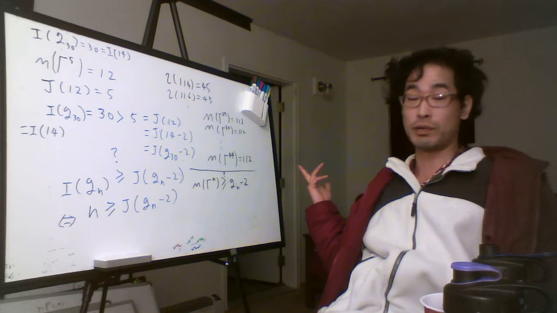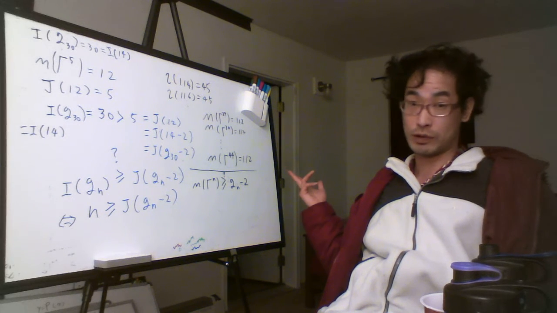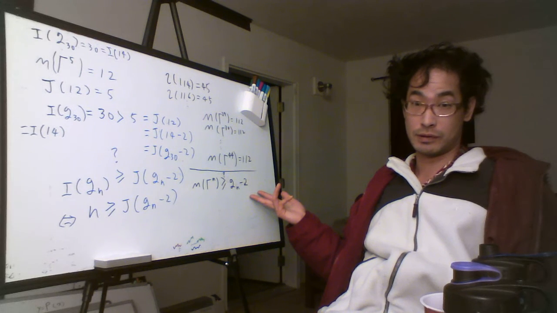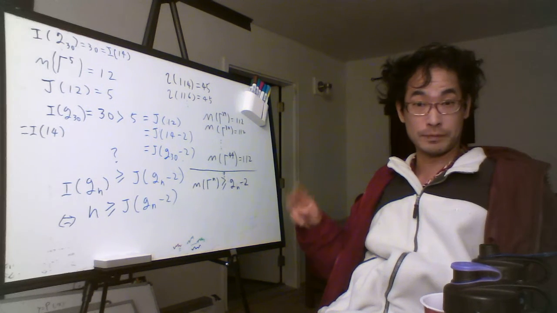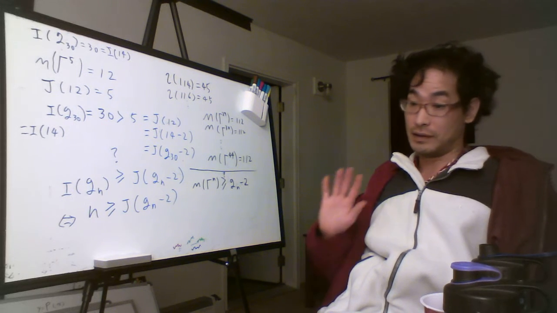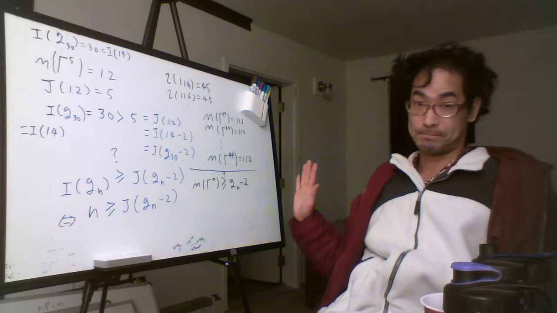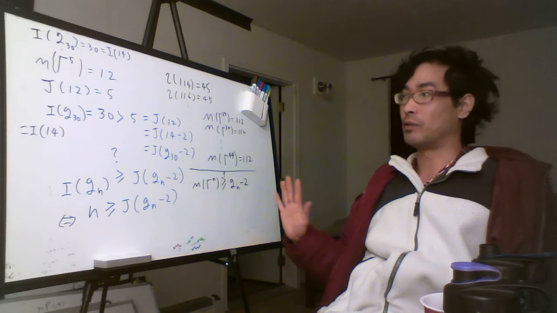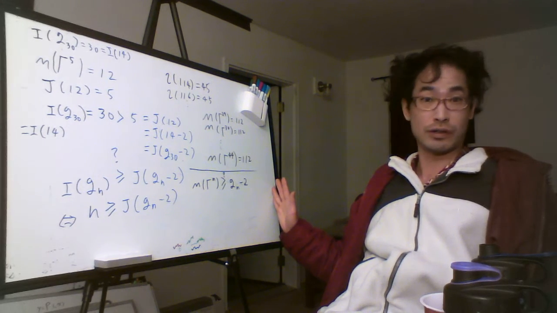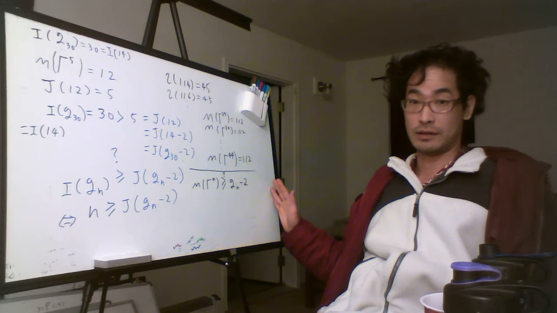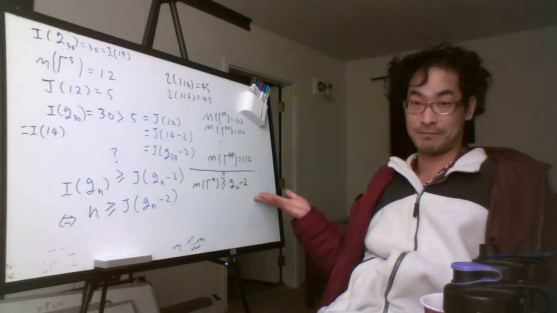Like the twin prime conjecture: there will always be twin primes, prime gap 2. It's a conjecture, but it has not been proven yet. In prime number theory, there are a lot of unproven conjectures, so it's a very fertile land, a gold mine.